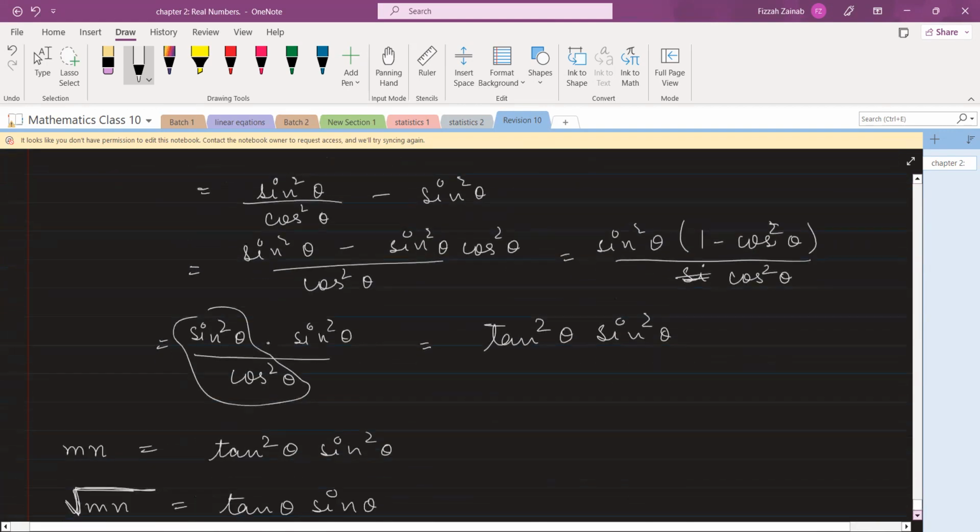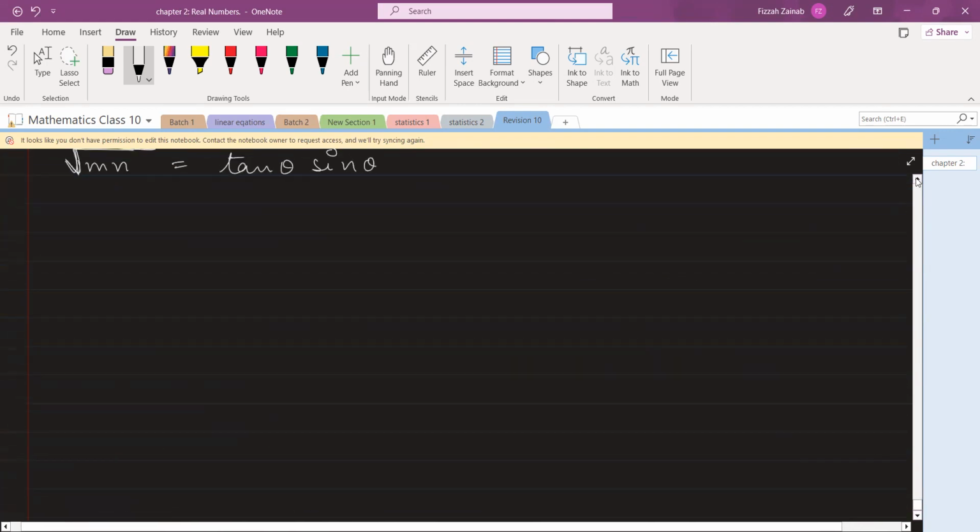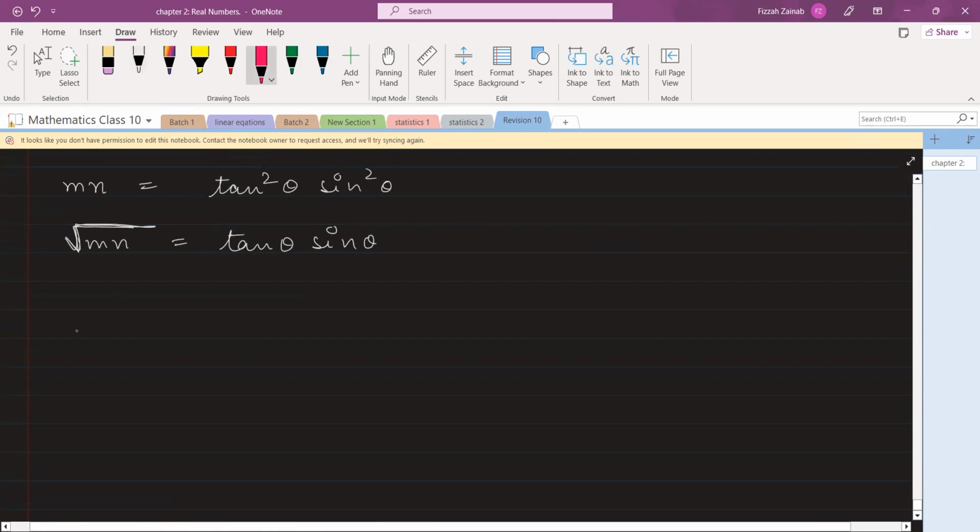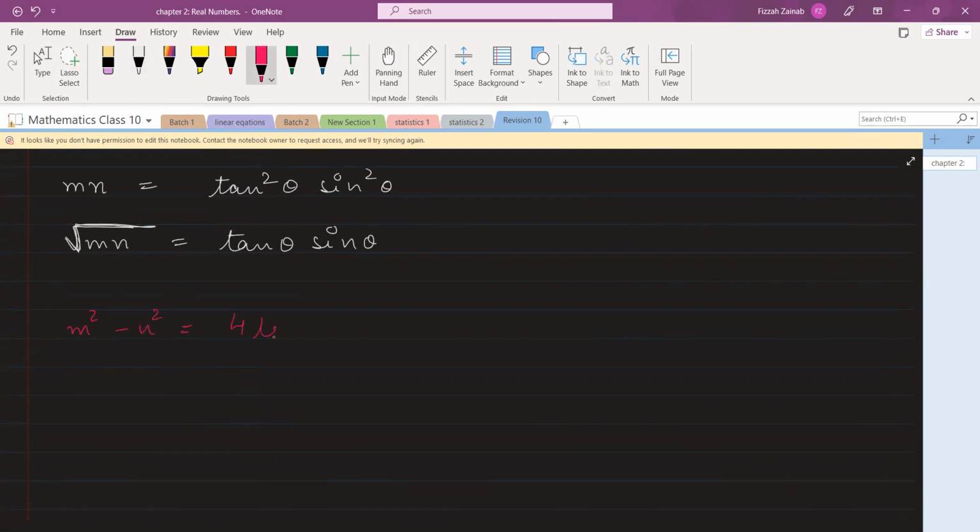The first result, when I was finding m square minus n square, I got 4 tan theta sine theta, right? Now what is this 4 tan theta sine theta? If I put equation number 1 in place of this, I can write 4 under root mn, isn't it? From 1, this is proved.